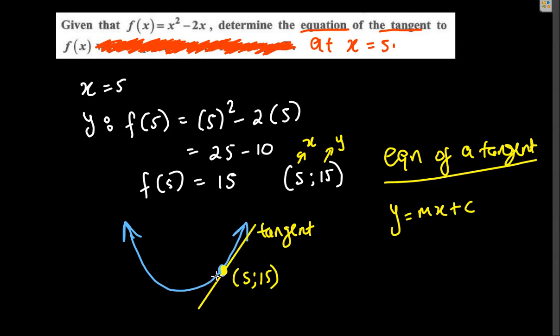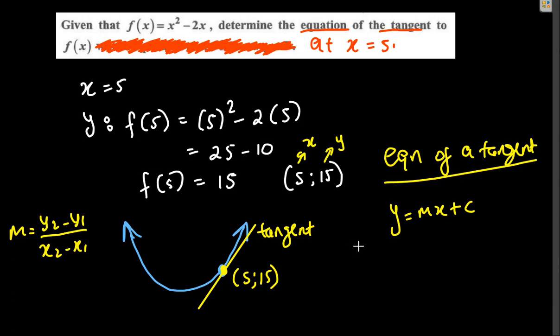How can I get the gradient of this tangent line? Should I use this formula, m is equal to y2 minus y1 all over x2 minus x1, while I have only one point on the tangent? No, I only know one point on the tangent, so it means I have to find the derivative of f so that I can get the gradient of the tangent.